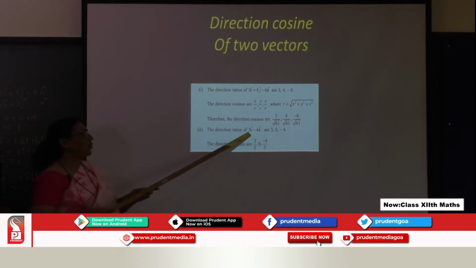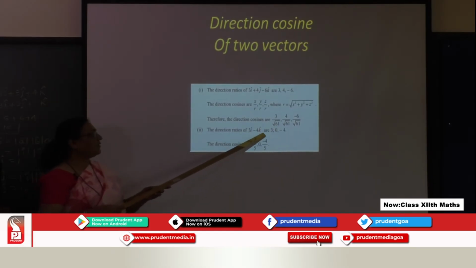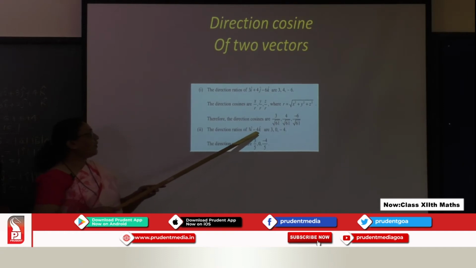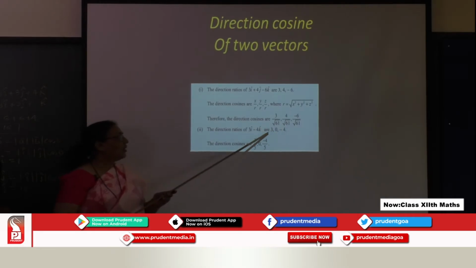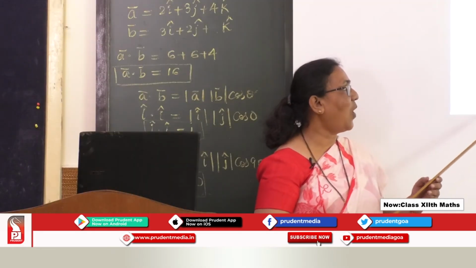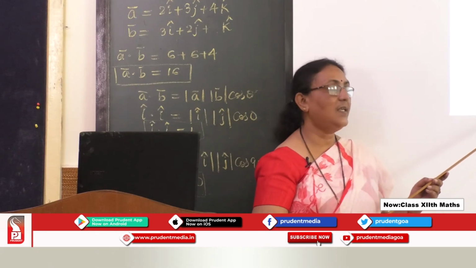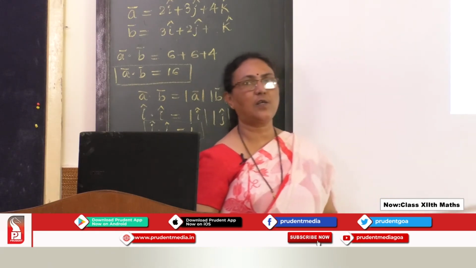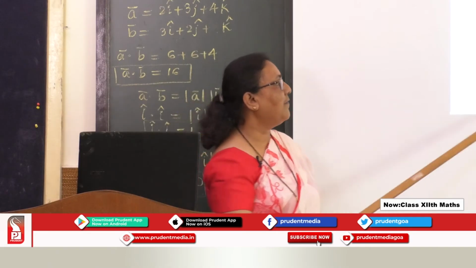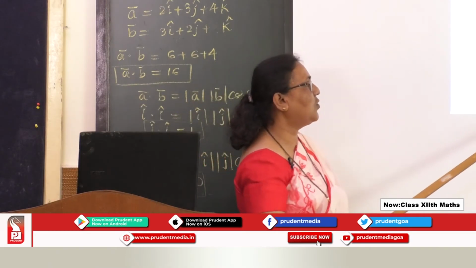Similarly, see one more example. This is a vector where the coefficient of i is 3 and j is missing, so the coefficient of j is 0, and the coefficient of k is minus 4. Then 3, 0 and minus 4 are the direction ratios. When you take the magnitude of this, you will get 5.